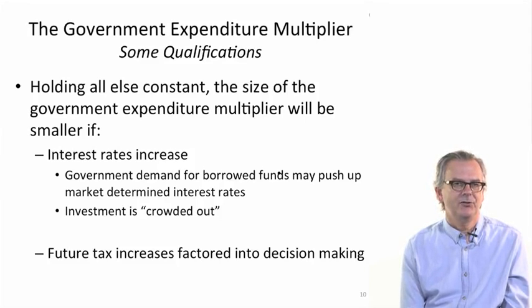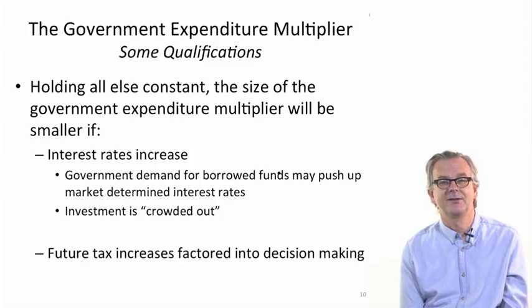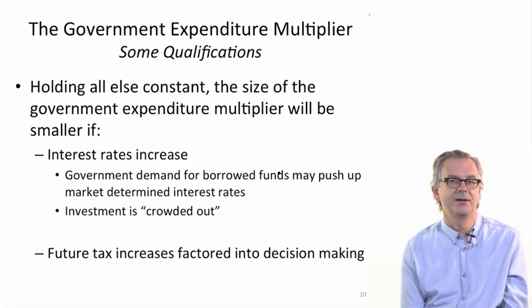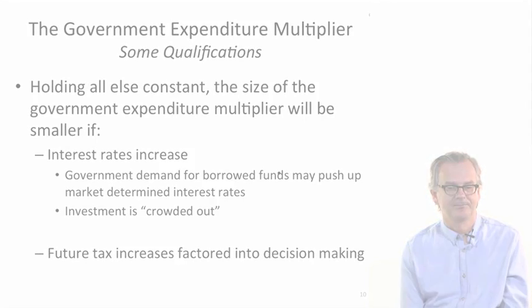So there are at least two reasons at this analytical level to start wondering about whether the multiplier associated with government expenditure is necessarily as large as it might appear from our basic Keynesian analysis. Now, trying to establish in any sort of definitive sense how large the multiplier is actually is an extraordinarily difficult task for economic researchers.